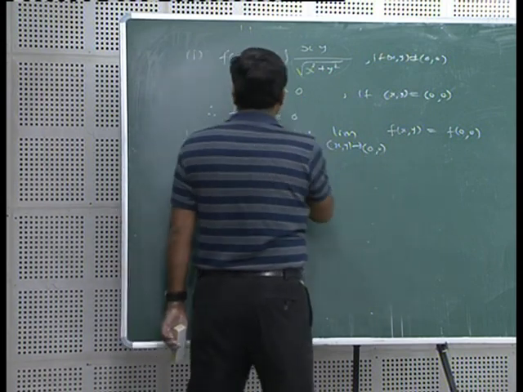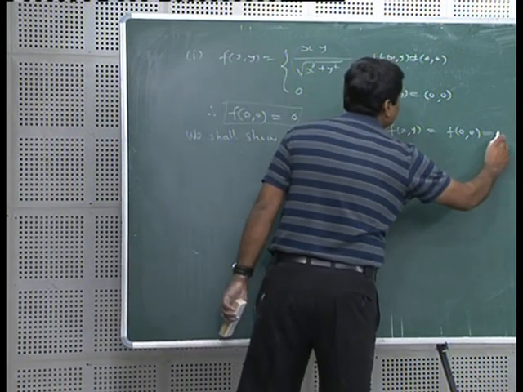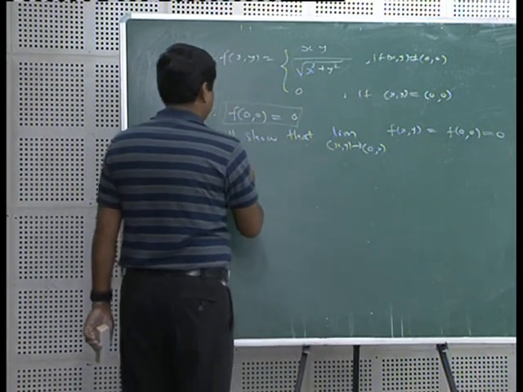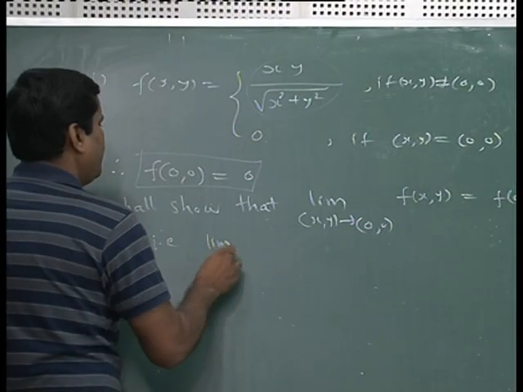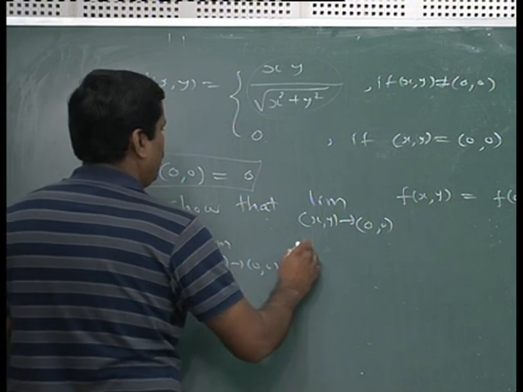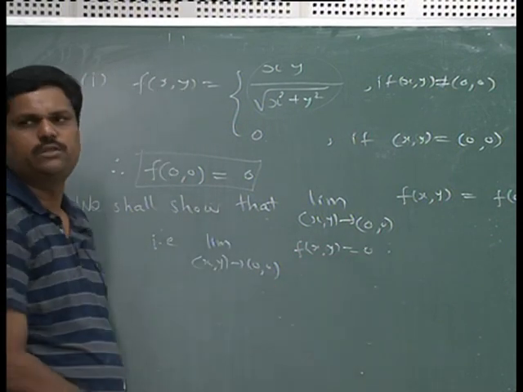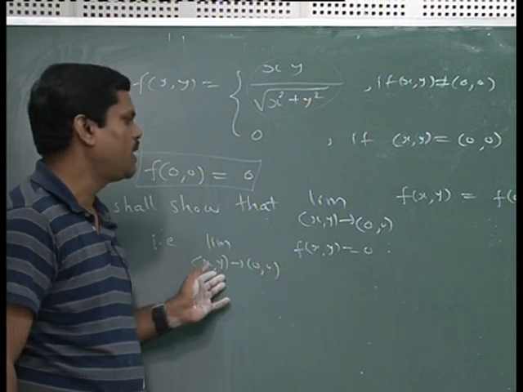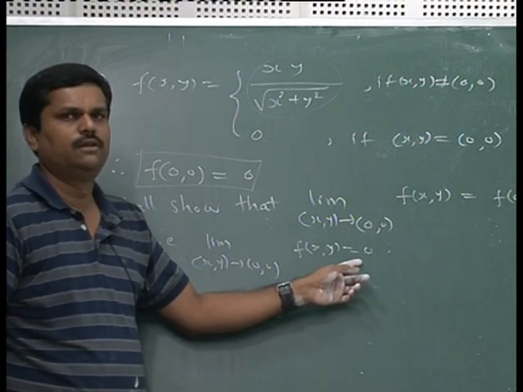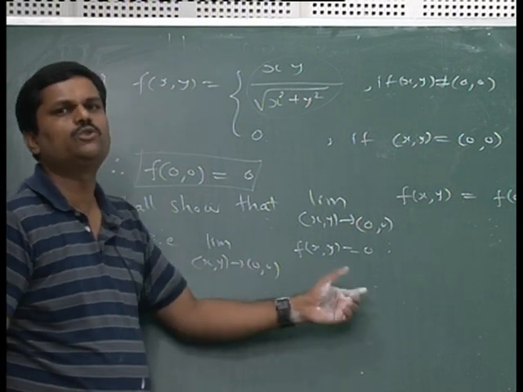But you know, just now we have found f(0, 0) is 0. So, I must prove that this value is equal to 0. In other words, I have to show that the limit as (x, y) tends to (0, 0) of f(x, y) equals 0. So, this problem is reduced to proving that this limit is 0, which we have studied in the last lecture, how to prove the given limit is true or false.